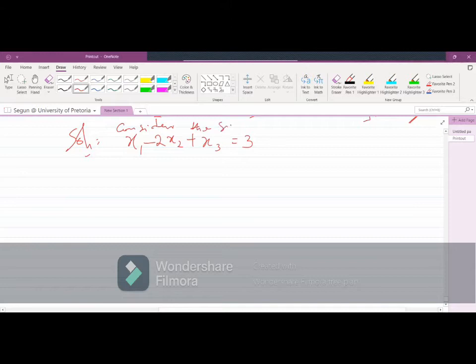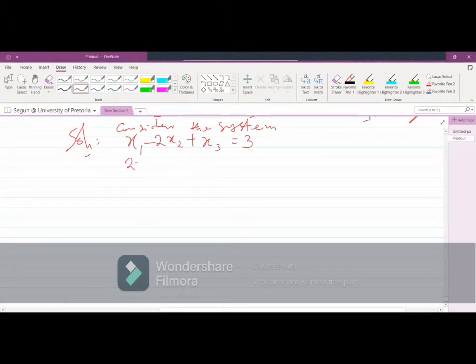The question says, consider the system below. Immediately you hear the system, they are not talking about equation 1 alone. They are talking about a system of equations, linear or non-linear. That is why you see 1 or 2 or 3 equations.